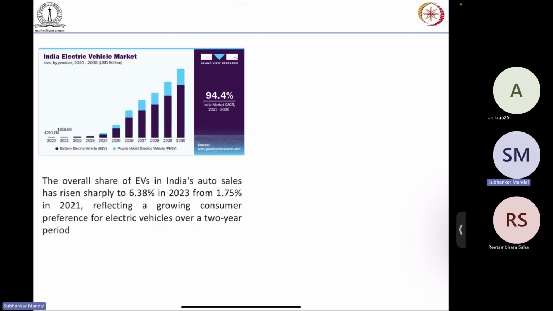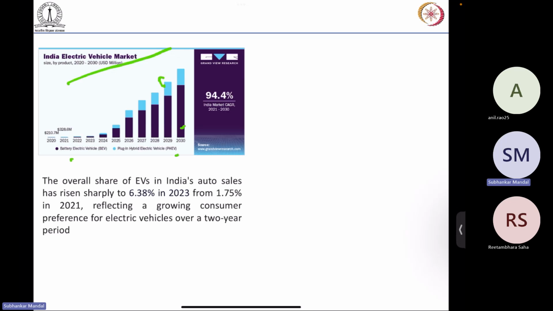So this is an example where you can see the electric vehicle market diagram. Here this one represents the plug-in hybrid electric vehicle, and this one is the battery electric vehicle. In Bangalore also, when I go outside, many electric vehicle buses are used as public transport.